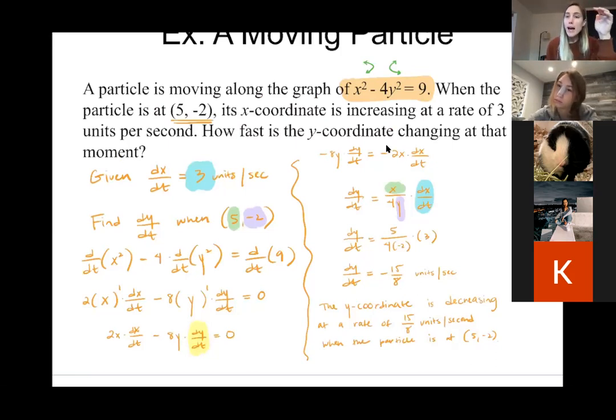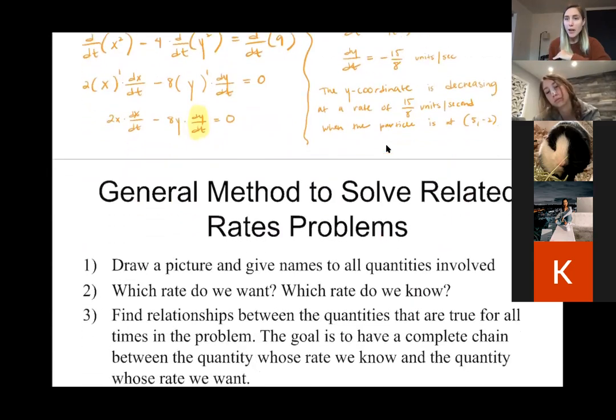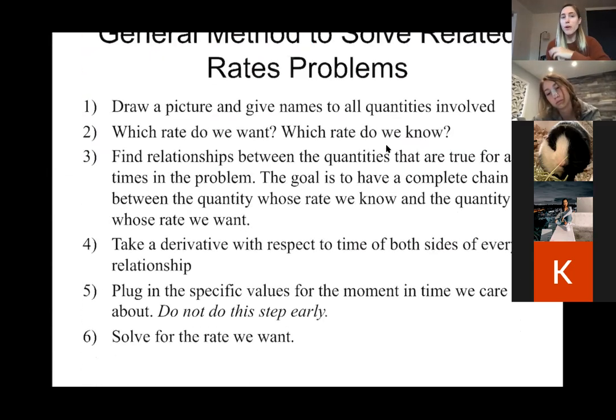The only time you can plug in a value before you differentiate is if that quantity is not changing as time is passing. If we think back to the water bottle scenario, where you're filling your cylindrical water bottle, we said the volume was changing, the water level was changing, but the diameter was not changing, or the radius of the water in the bottle was not changing.